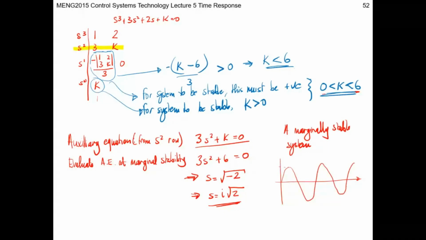It just looks like a sinusoid of fixed amplitude. This is a marginally stable system. So over time, our output y is oscillating around some median value, neither growing nor shrinking. What's the frequency of the oscillation? Well, that's where this comes in.